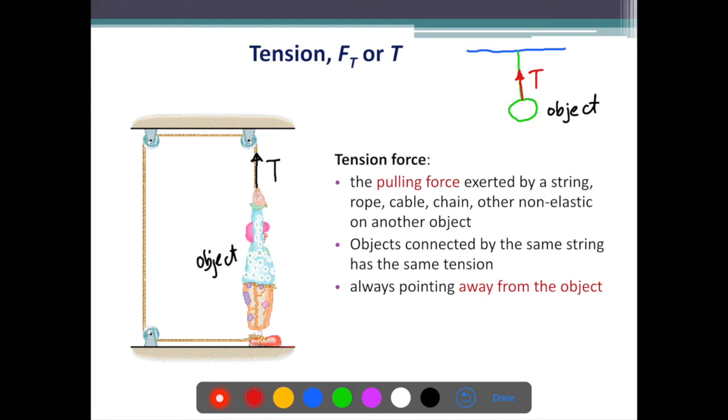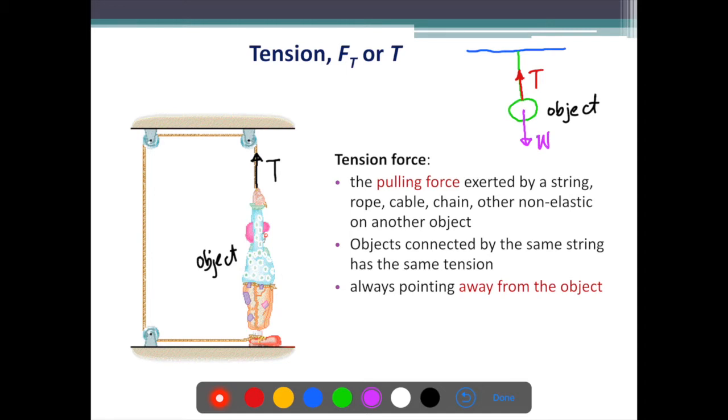Okay. Can you tell what other force is acting on the ball that's hanging by a string? If you answered that there is weight force acting on the object, then you are correct, because any object that has mass will experience a weight force, and weight force is always directed downwards.